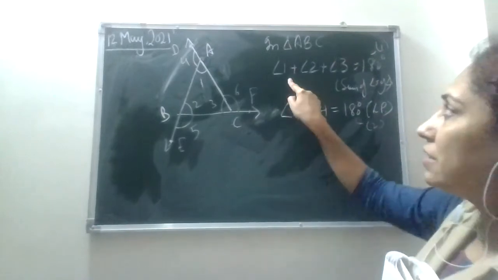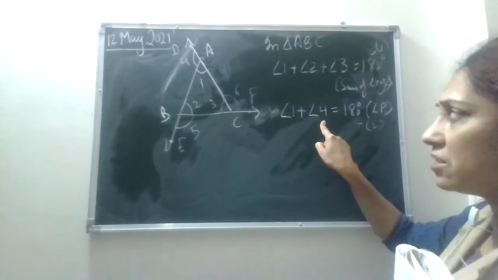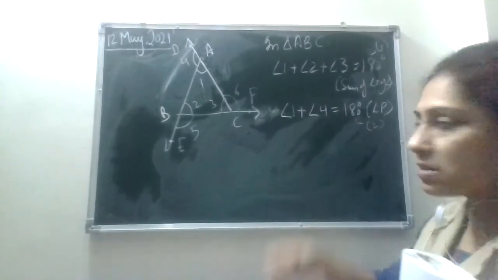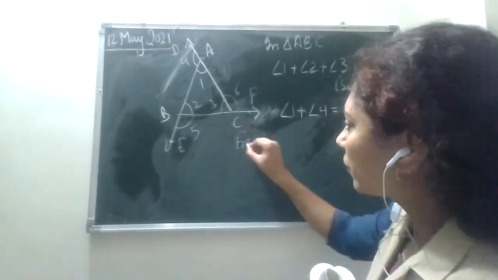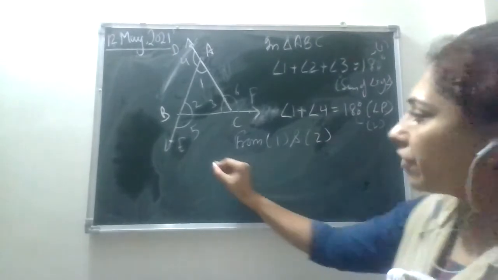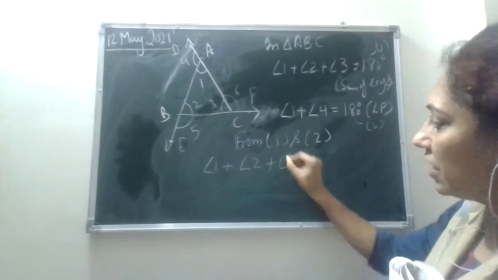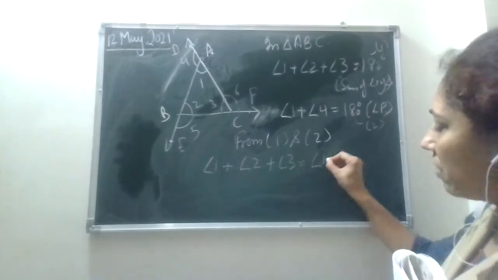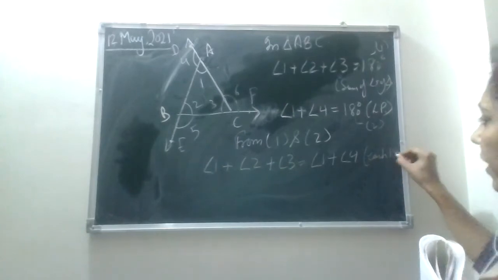So that means the addition of these three angles is equal to these two angles. Can I write like that? From result 1 and 2, can I write angle 1 plus angle 2 plus angle 3 is equal to angle 1 plus angle 4, each 180 degrees, each 180 degrees.